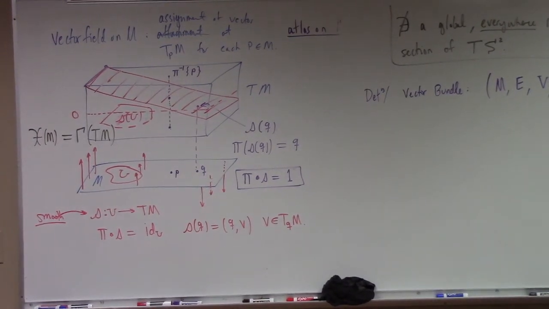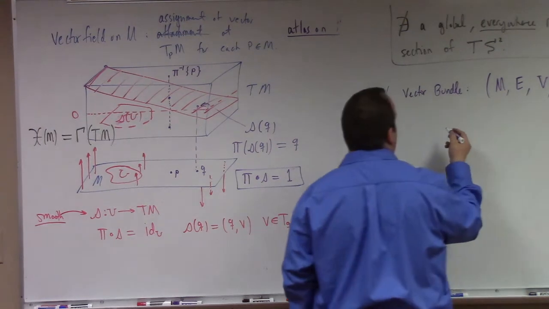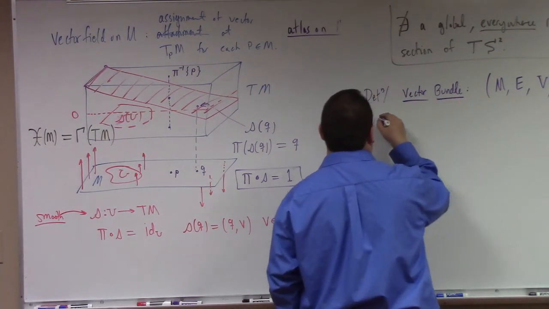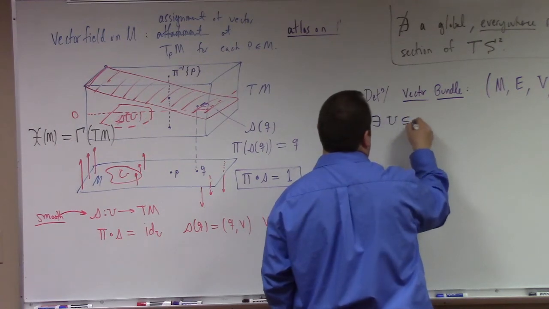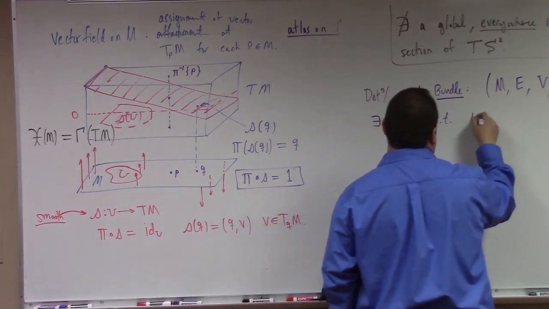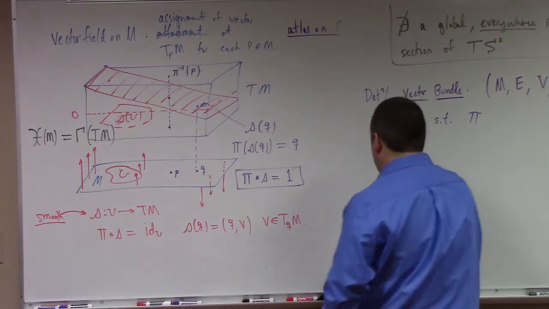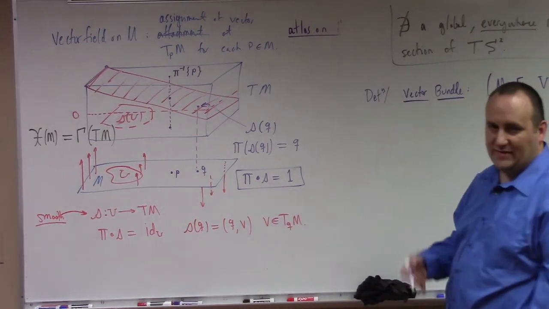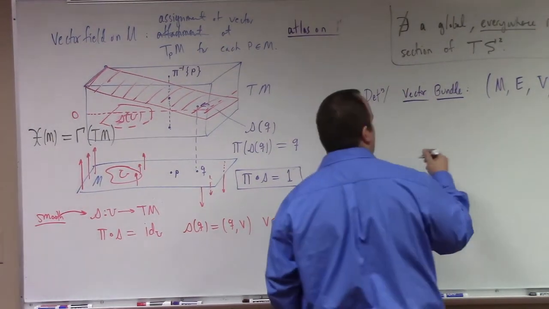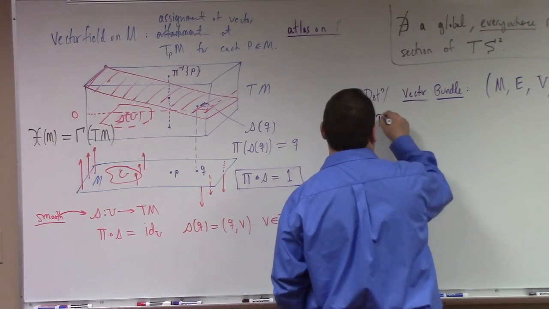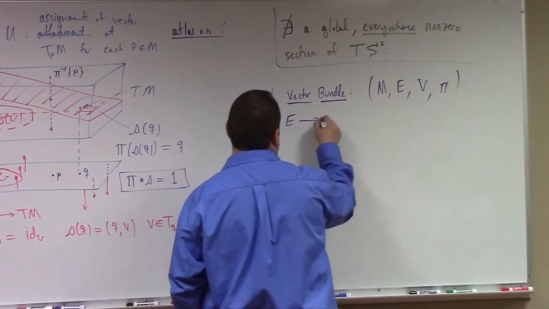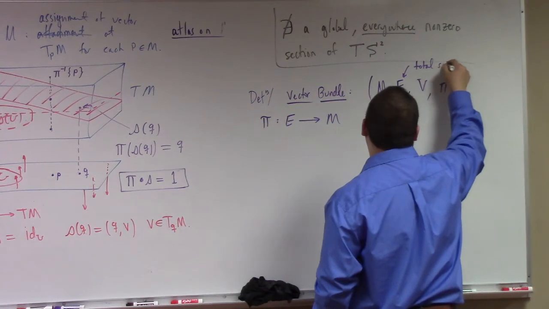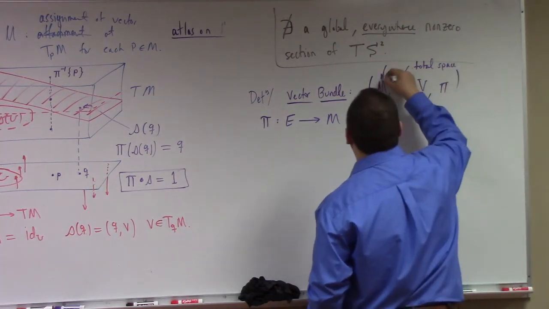And the point is that there exists U subset of M such that... I could open this book up and give you a careful definition, but I'm going to give you a sloppy one instead because it'll suffice. So what is a vector bundle? You've got this mapping pi that goes from the total space E to M. M is usually called the base space.